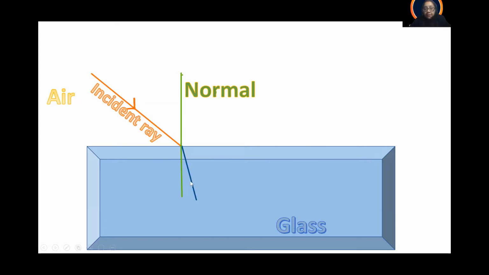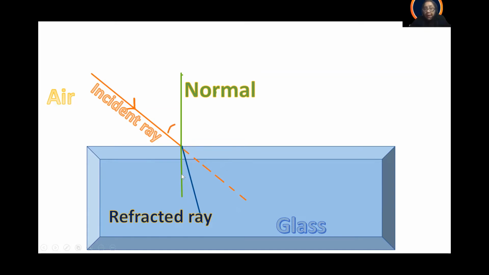Now, whenever it enters the other medium, for example, in this example, the glass, it bends. And this particular ray, after bending, we call the refracted ray. Now, ideally, if it didn't cause any bending, then this should be the path of the light. But we have noticed that there is a bending of light.